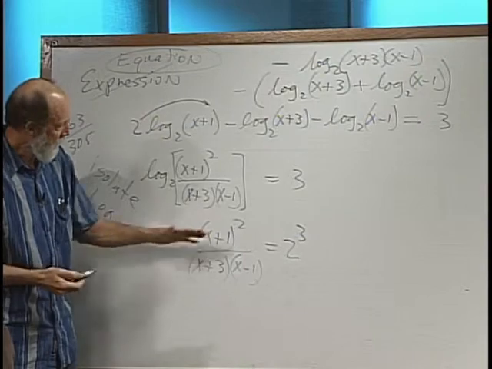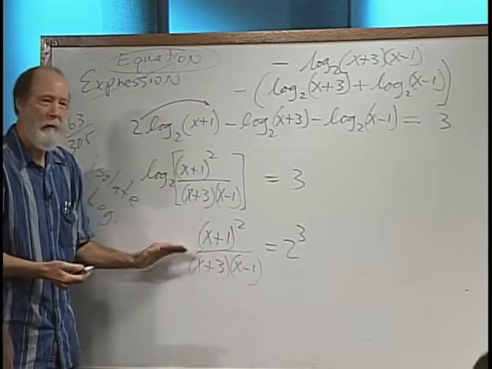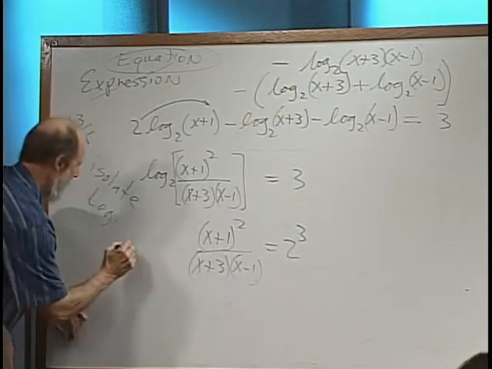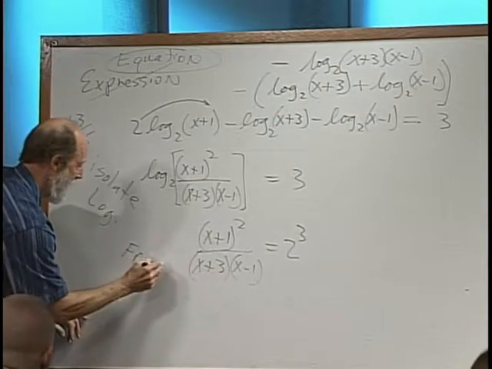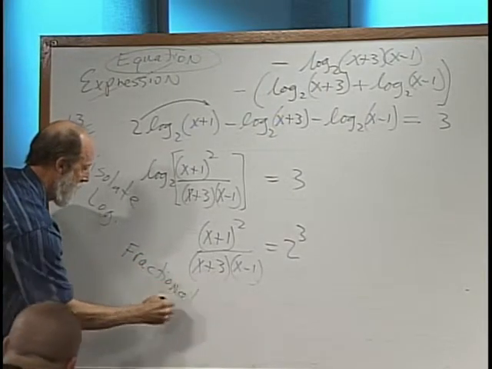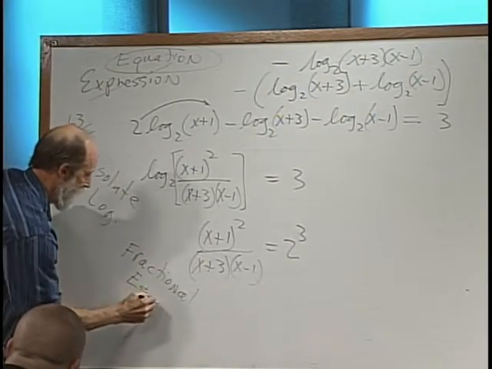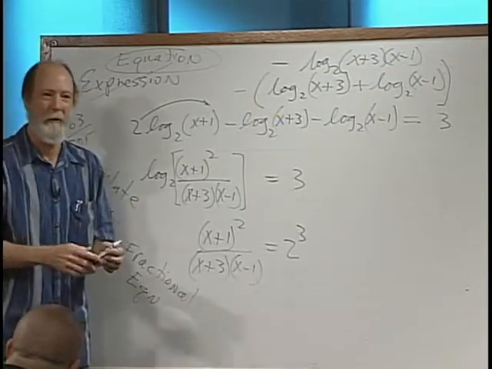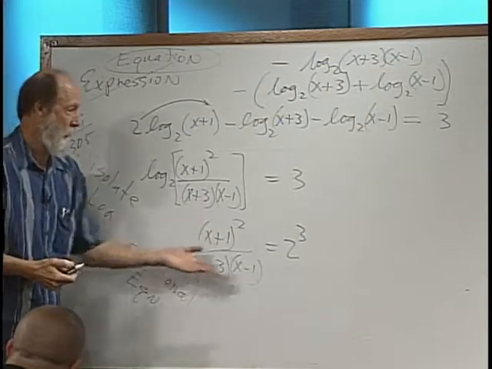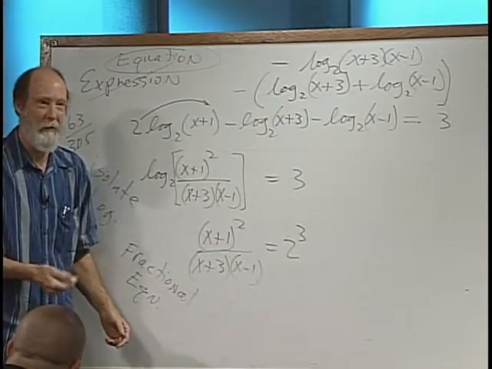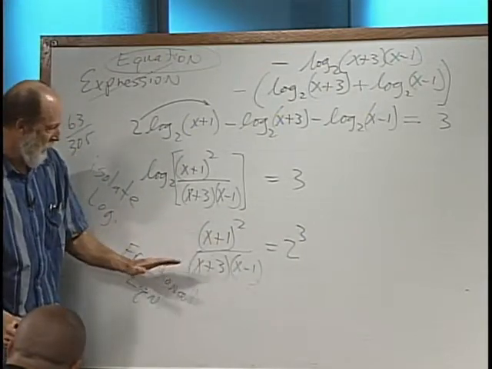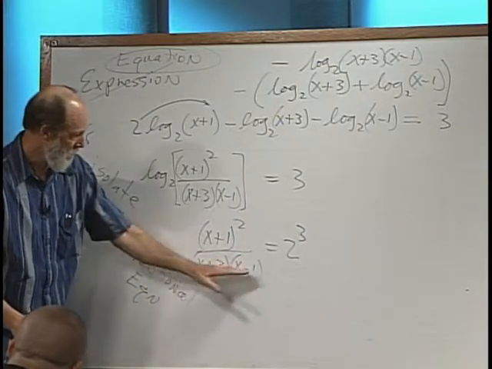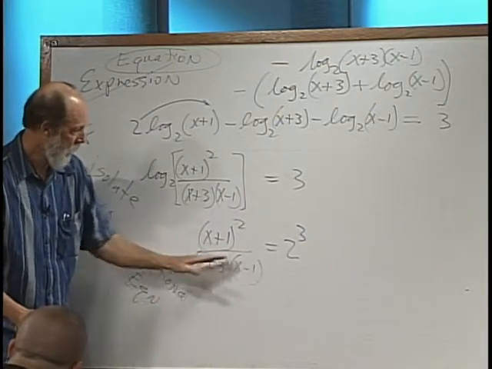So when you see now a fractional equation, what's the technique you use with a fractional equation? I keep repeating myself to the point of putting you to sleep almost. You clear the fractions out of the fractional equation. So you multiply both sides by the common denominator, which happens to be this product down here.